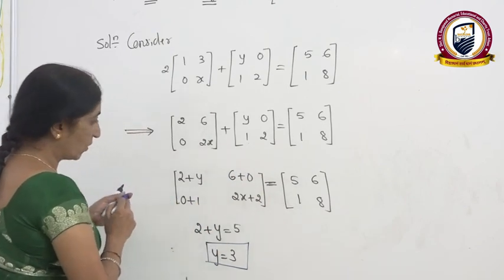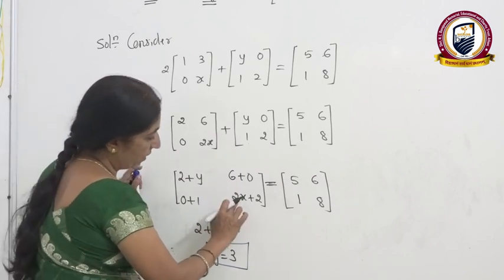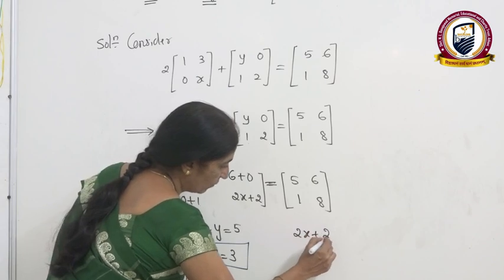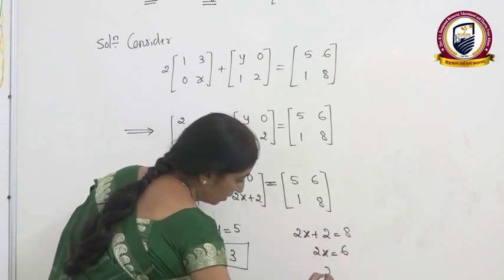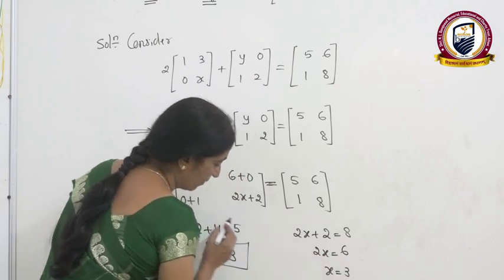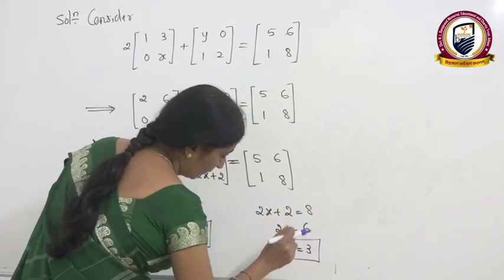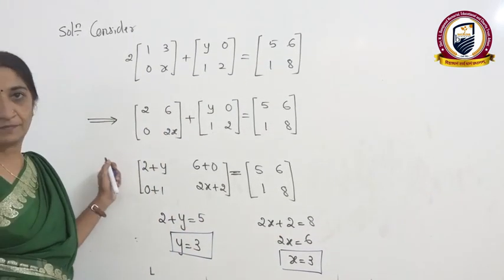No need to write that because here they are the same. Then 1, 1. Coming to the next one. What is the next one? 2x plus 2. Here what we have? 8. So 2x is equal to 6. Then what will be x? X will be 3. So here we calculated the unknowns, that is, the elements.